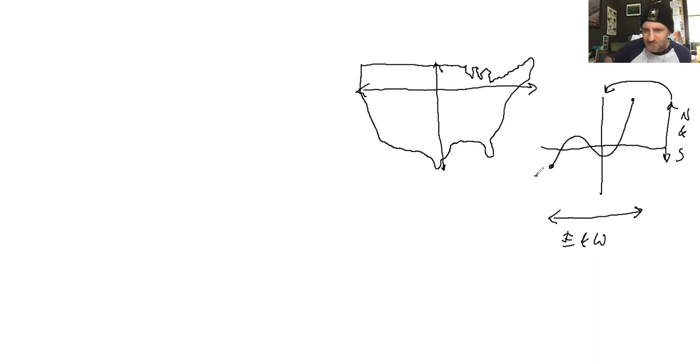So say this is, I don't know, -5, -3, right? And say this is 4, 7, right? So let's say this question says, hey, tell me about the domain of this function. So domain, east and west.